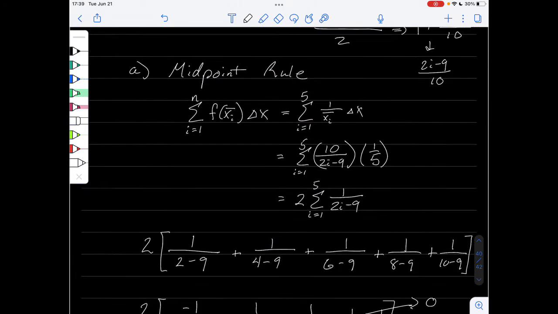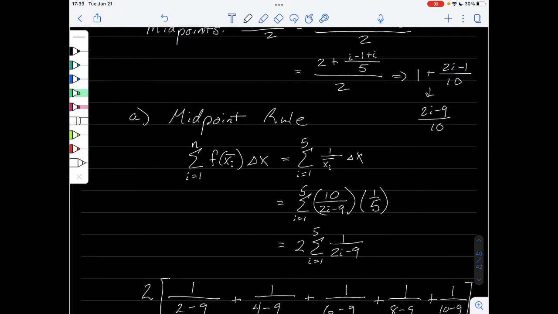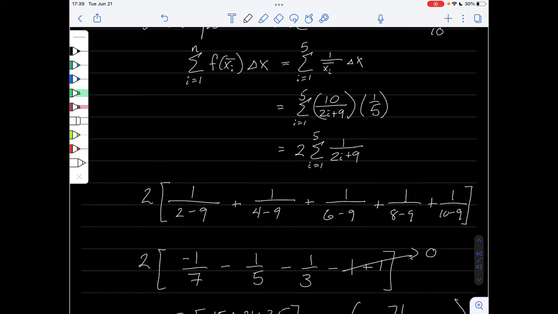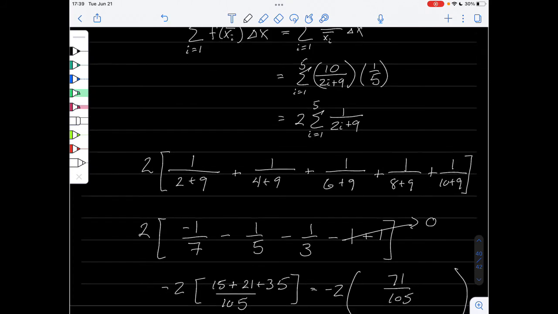Just going to look back really quickly. Oh, this should be a plus 9. That's the error, right? From here to here, it should be a plus 9. And so that's going to change all of these to pluses. Plus, plus, plus, plus, plus. And that will change our formula dramatically.